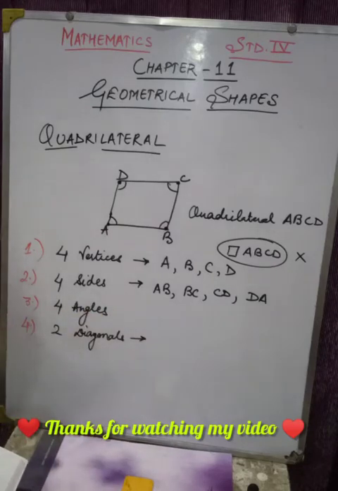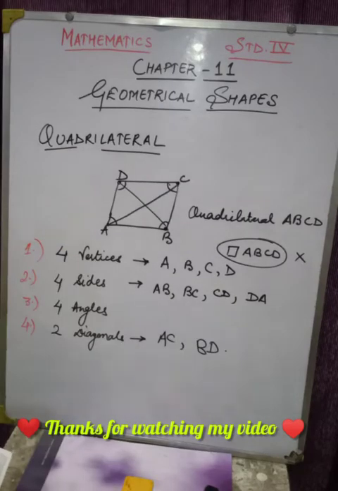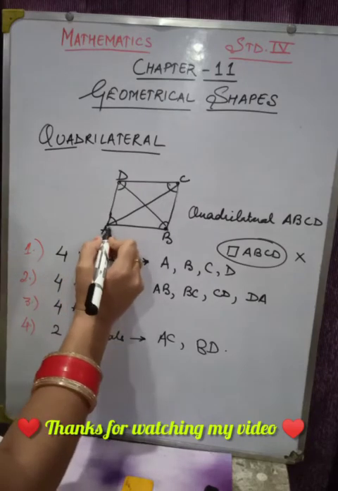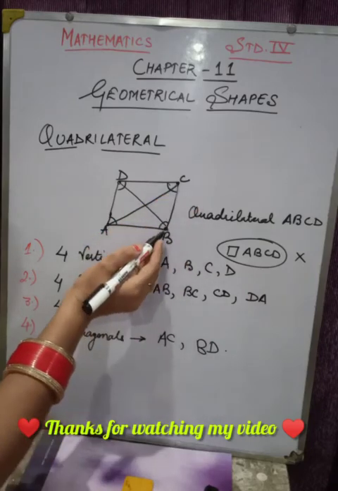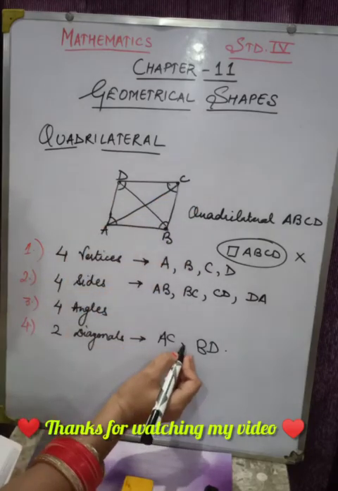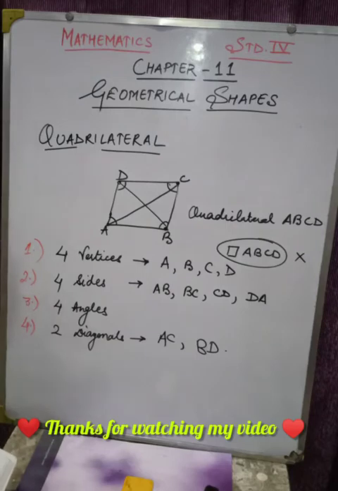Diagonal means a line segment joining the opposite angles, which divides a quadrilateral into 2 parts. So first is AC and second is BD. So AC and BD are the 2 diagonals.